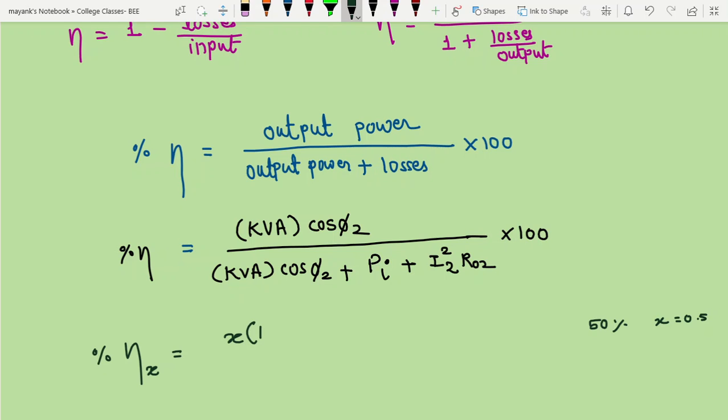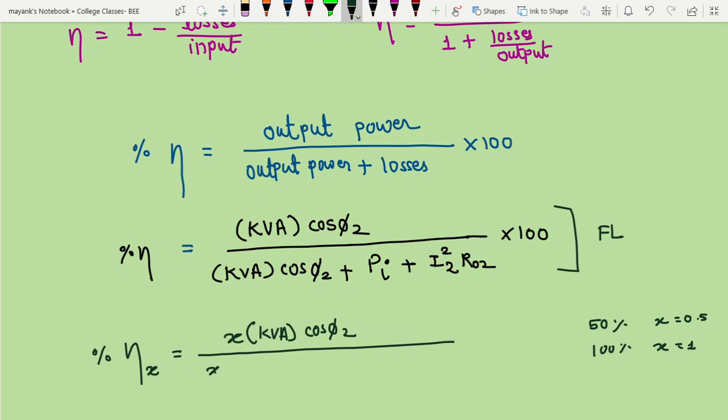So x kVA. Now this is the most generalized case. If we talk about full load, that means 100% load, then x will be 1. So this is the generalized formula, for any loaded condition. But this one was for full load condition only.